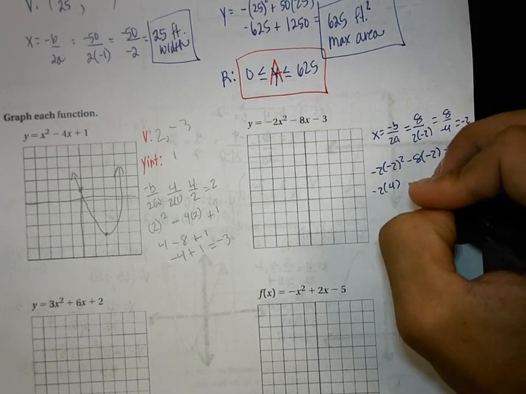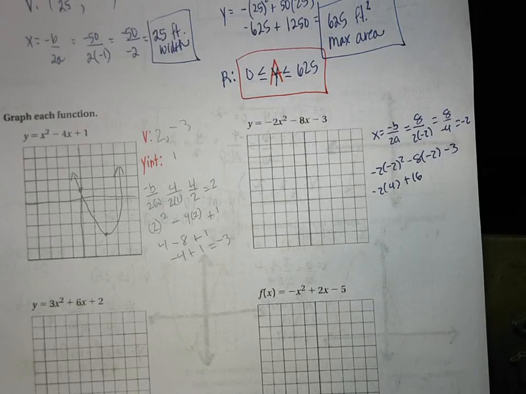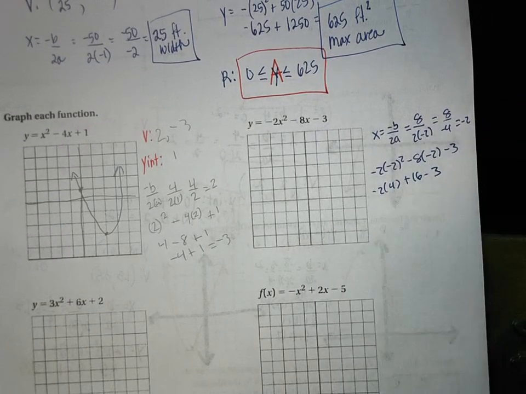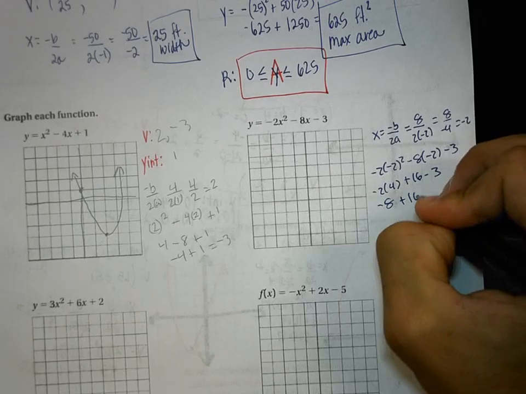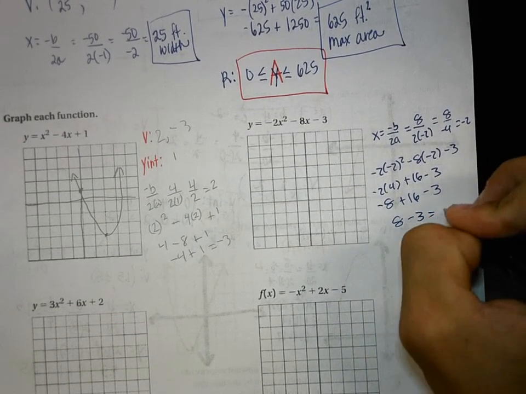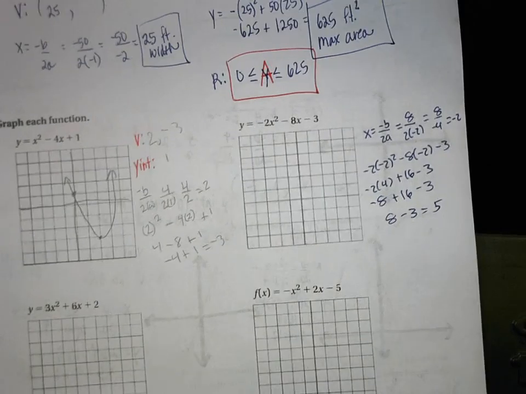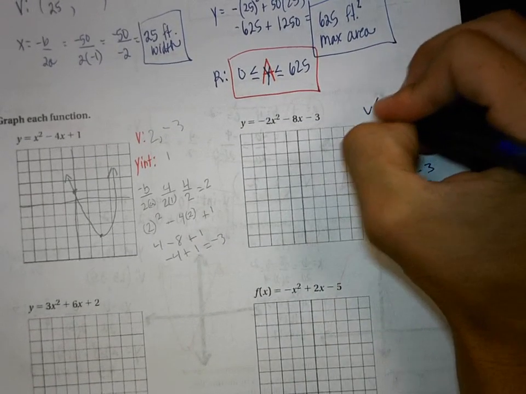Negative 2 squared is positive 4. Negative 8 times negative 2 is positive 16. Good. So the negative 8 plus 16 is 8. Minus 3 makes 5. So that means the vertex is negative 2, 5.